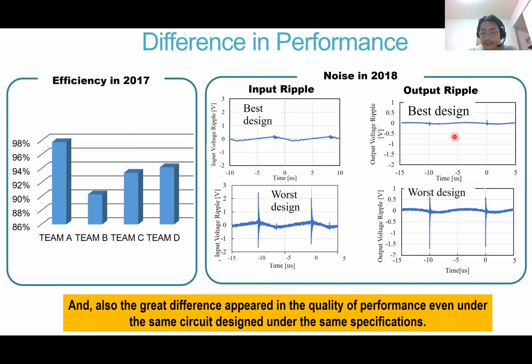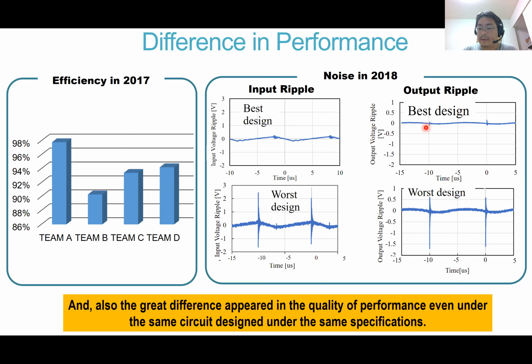As you can see, the worst design, in both the input voltage and output voltage, exhibited more than 10 times larger noise voltage amplitude than the best design. So this is a quite big difference.